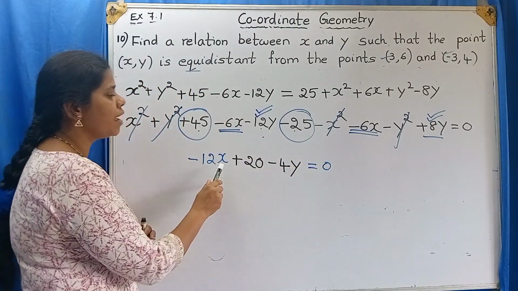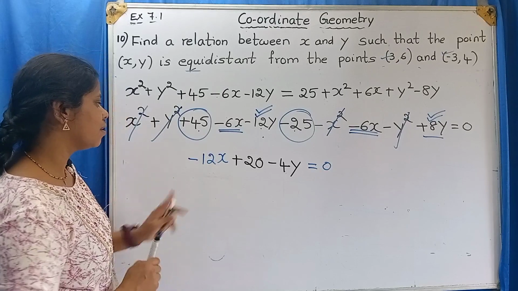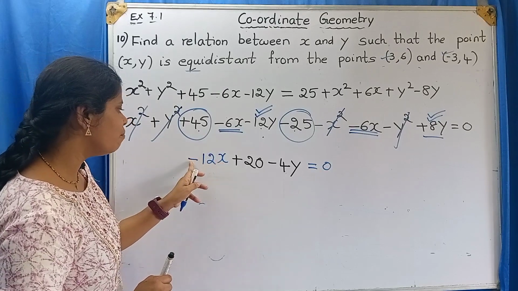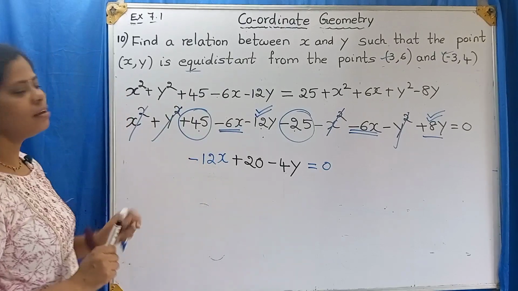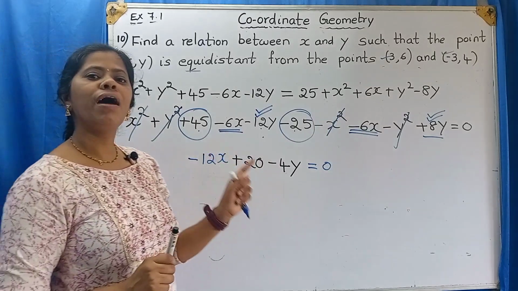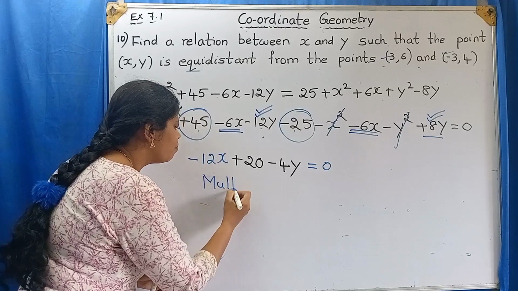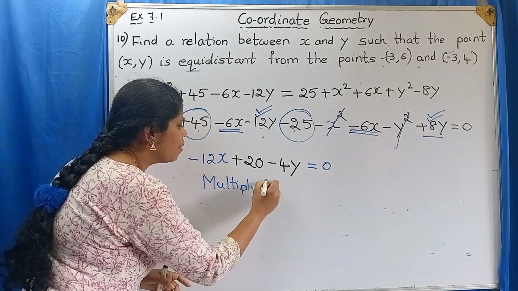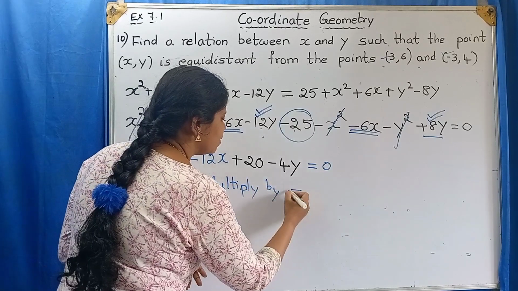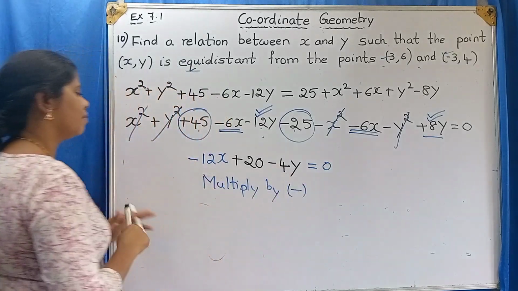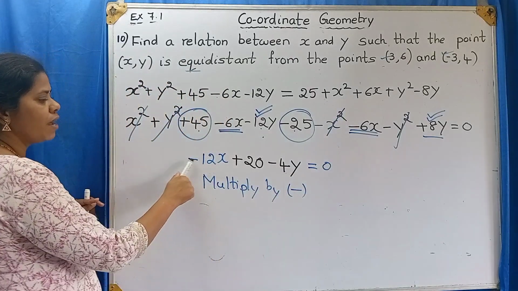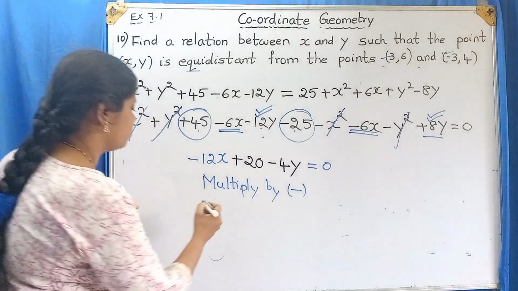Now let us multiply this equation by minus, because for the x we have minus symbol. So let me multiply the whole equation by minus symbol. Then when we will multiply it by minus, it will become plus 12x.